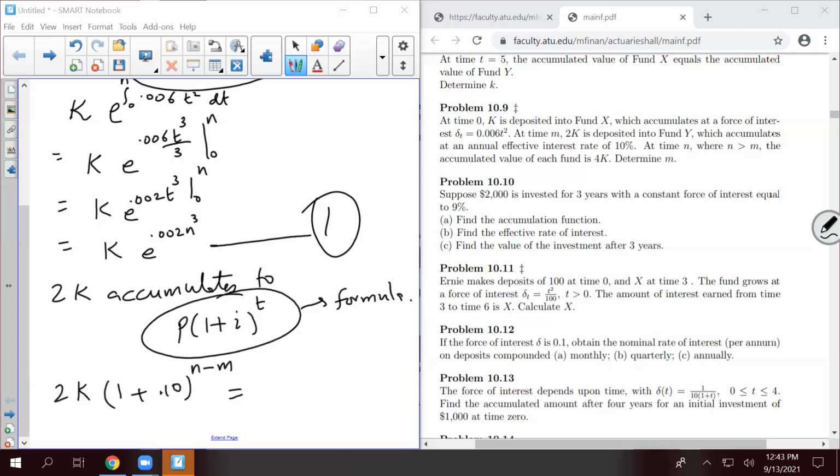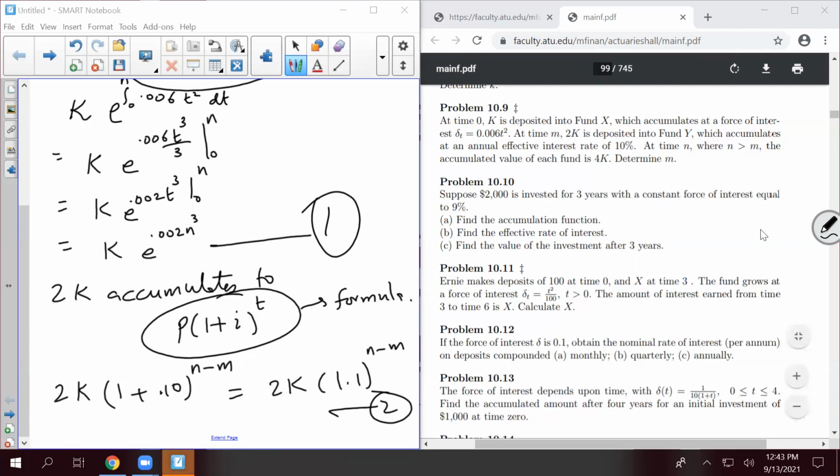So that will be 2K times 1.1 to the power N minus M. So we have seen what both of them accumulate to. K accumulates to this one, and the 2K accumulates to this one. And we also know that the final accumulation value is 4K.